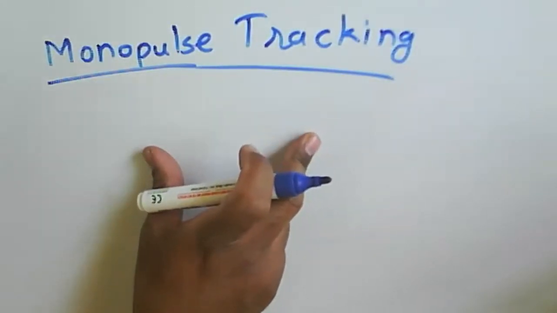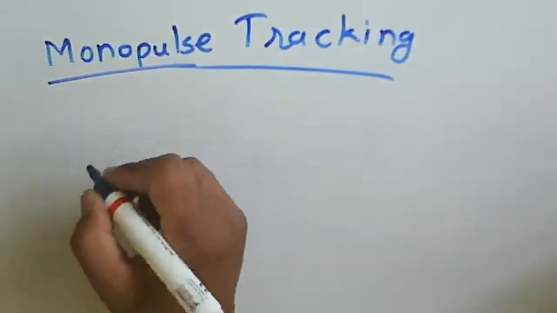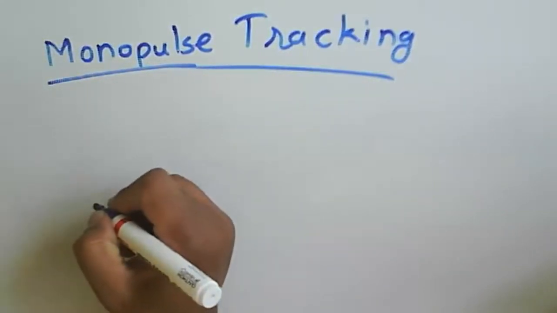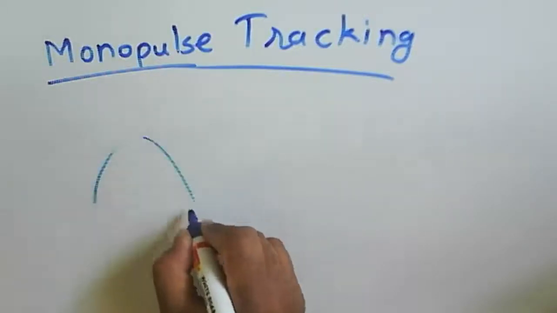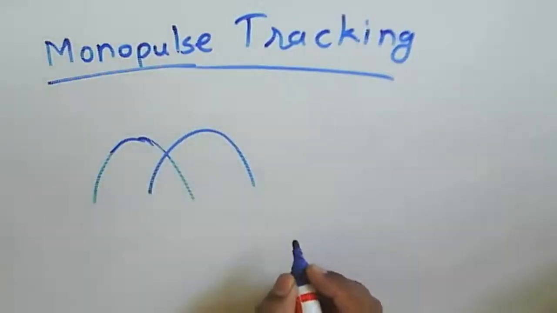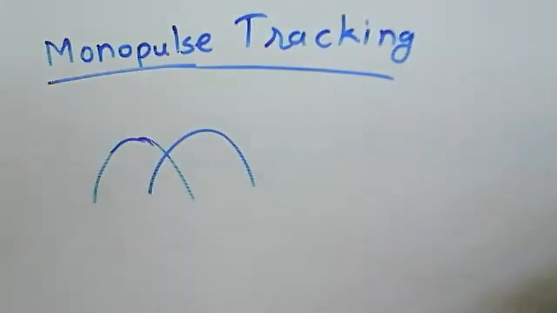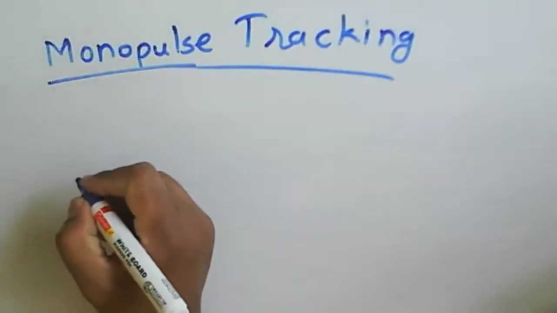Now let us consider the amplitude measurement here. Earlier we said that we are measuring the difference in the angle, likewise we have these two beams, and we are finding out the boresight and the target location. Instead of that, here we consider a monopulse antenna pattern.